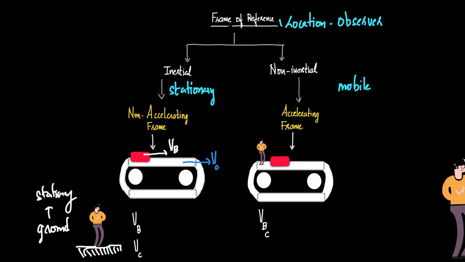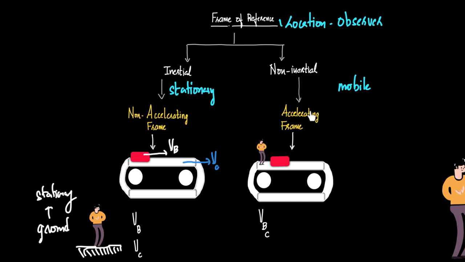In this case specifically, this is the conveyor belt. The conveyor belt is moving like this, and we have the velocity of the block like this. So we have one object which is moving like this, and we have a moving conveyor belt.